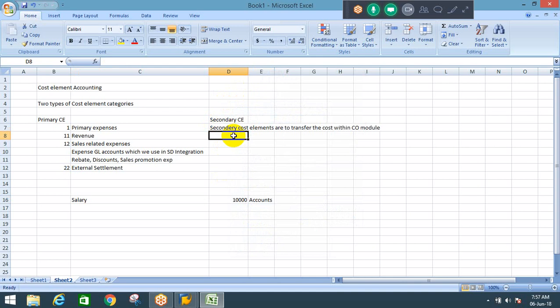Here also we have different types of cost element categories. The first one is cost element category 21, internal settlement.